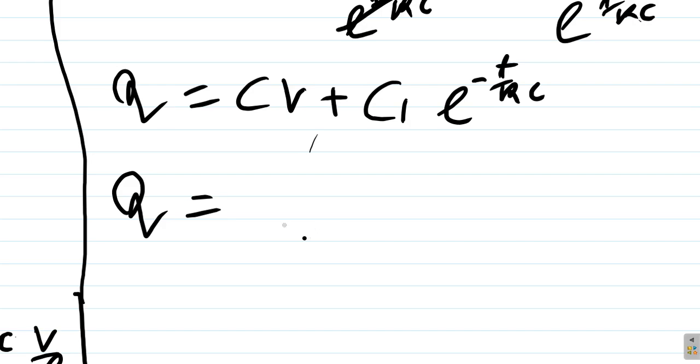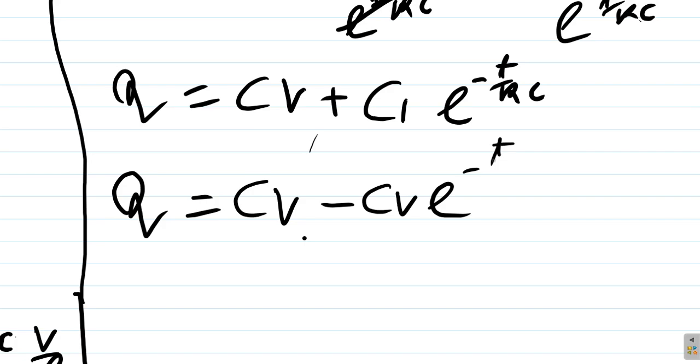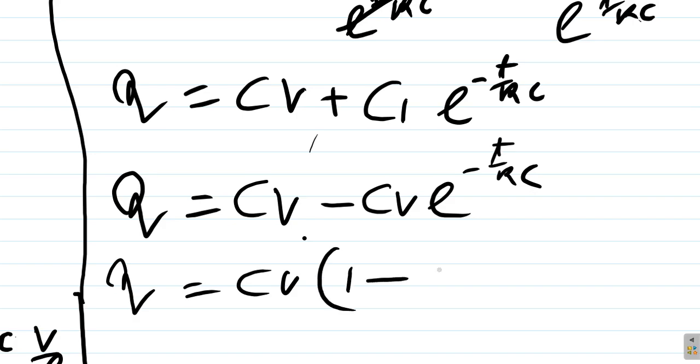I just want to fix it up and make it look a certain way: CV minus CV e to the negative t over RC. What you would get is that Q is equal to CV times 1 minus e to the negative t over RC, right? You get something like that.